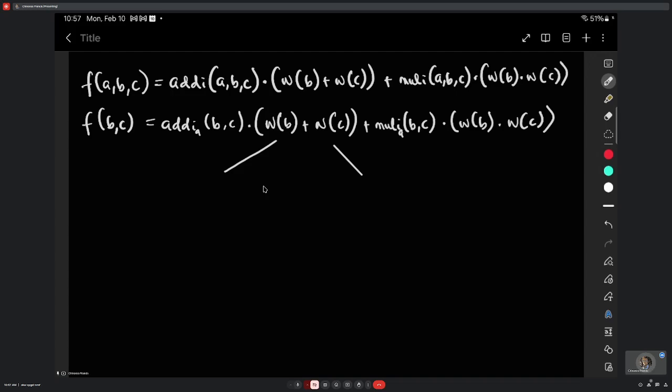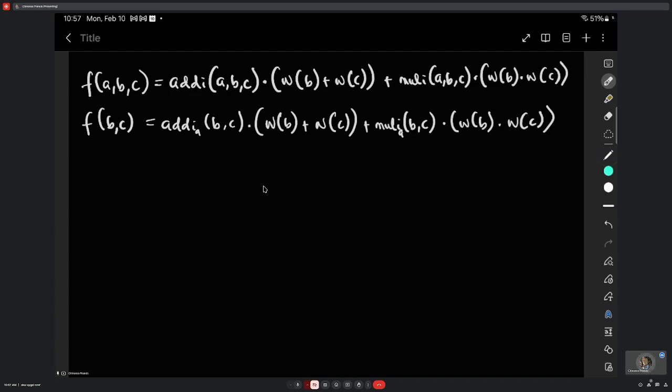So at the end of the sum check protocol, the verifier is meant to do an oracle check, which is basically evaluating this f of bc at the random challenges that the verifier sent. So the verifier has sent randomness for b and has also sent randomness for c.